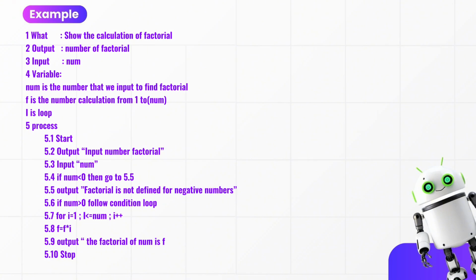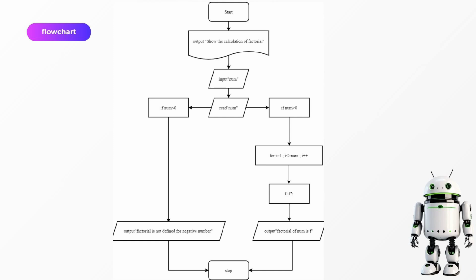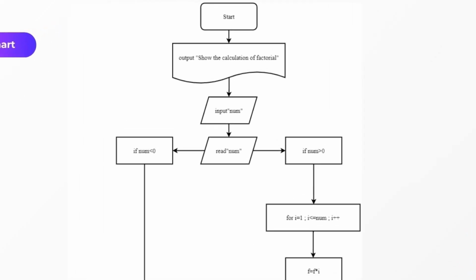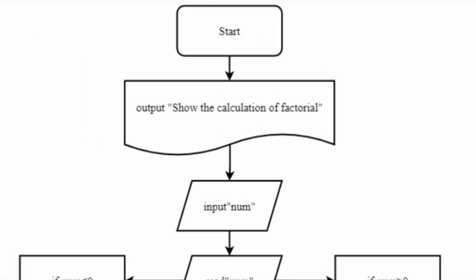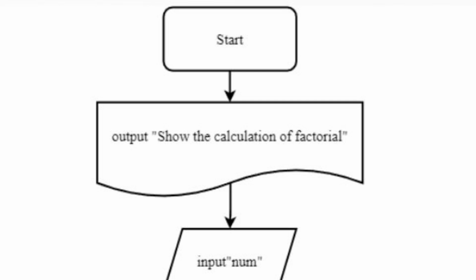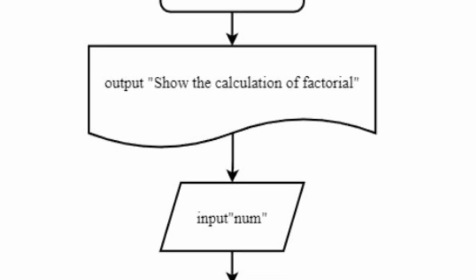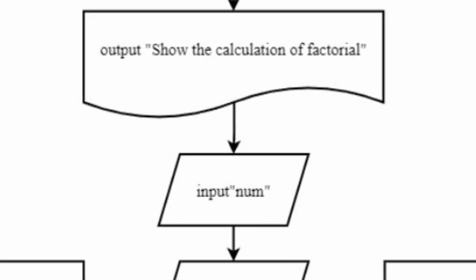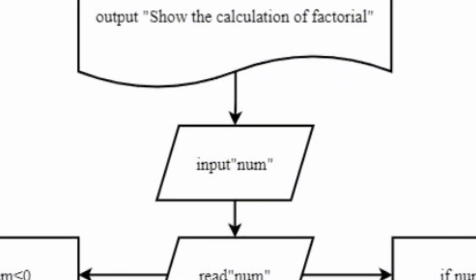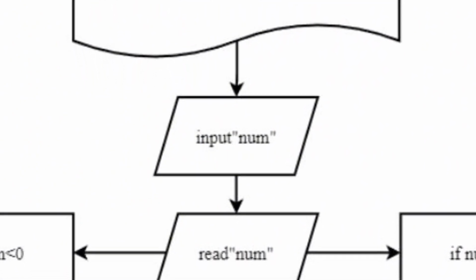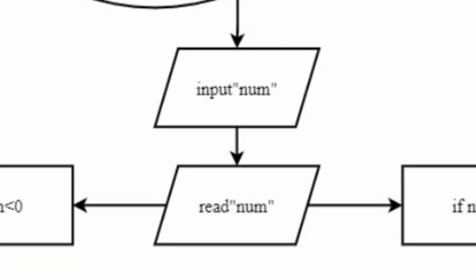Okay, in the first chart we have start and go to the document chart. We have output. In output, you want to show the calculation of factorial, and go to input. Input num. Num is the number the user inputs for calculating factorial, and go to read.